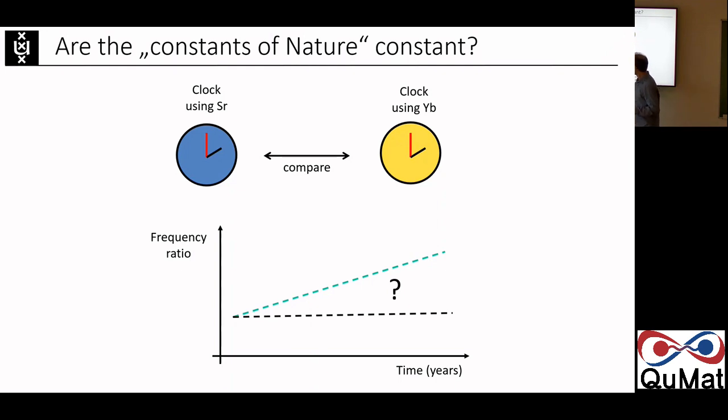And then we wait a year and measure the frequency ratio again. And if we see a different number, then we probably made a mistake. But if we didn't make a mistake, then we perhaps observed the constants of nature change. And that would be so cool.